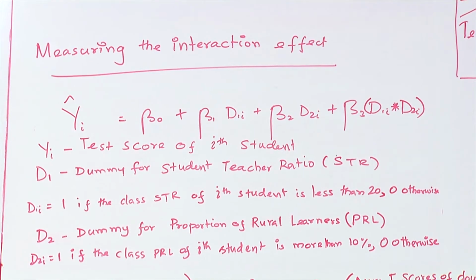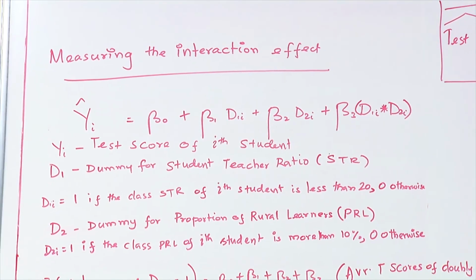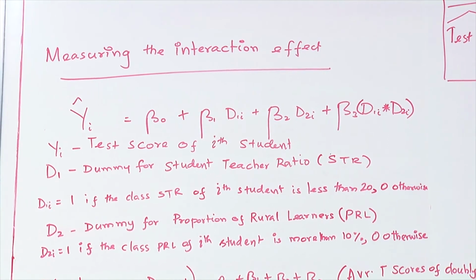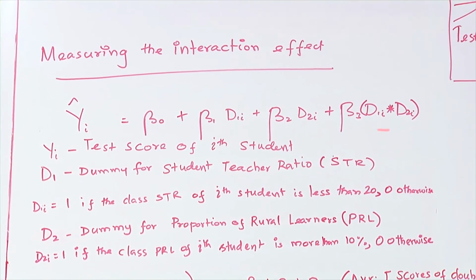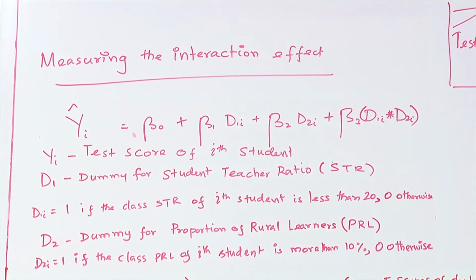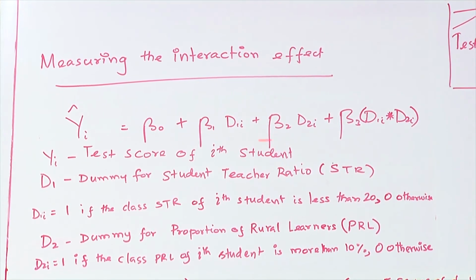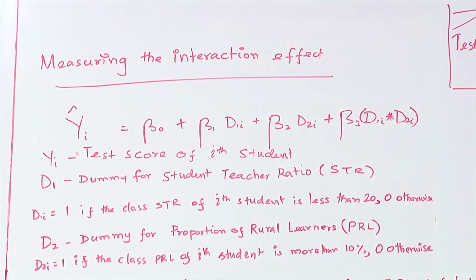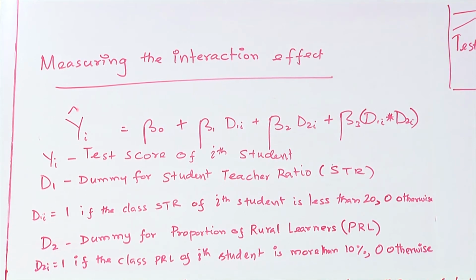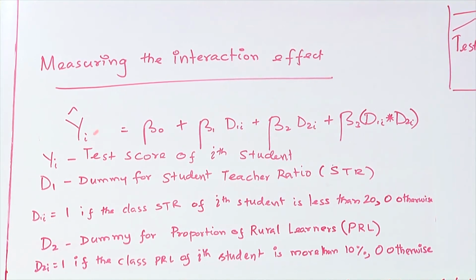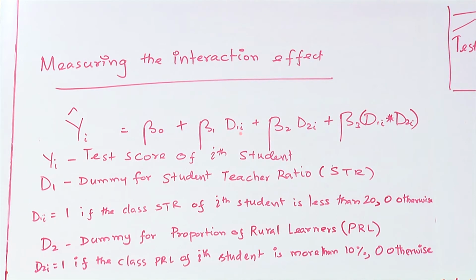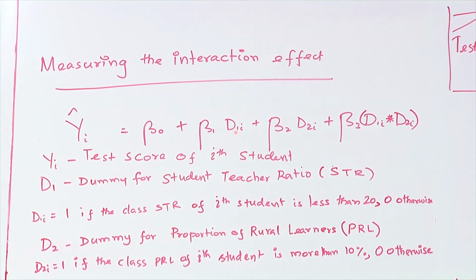Let me give you another example of the interaction effect using the ANOVA model. So, I am defining another ANOVA model. Here you have a quantity variable. On the right hand side you have two dummies and one extra dummy is added here.